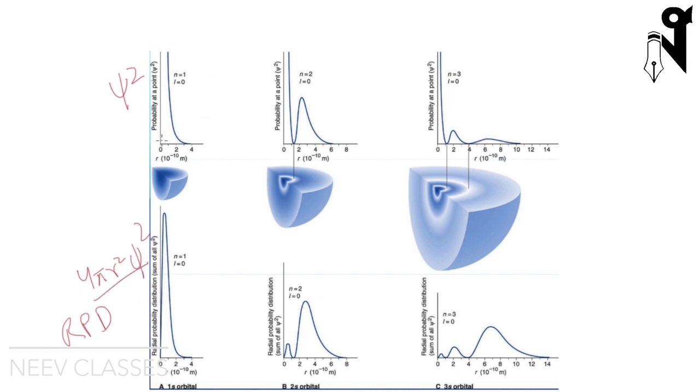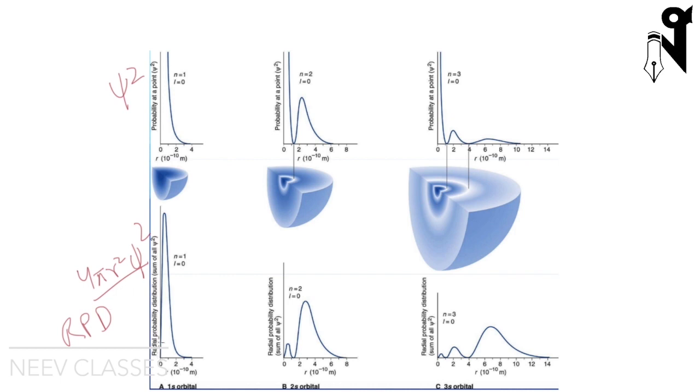Now you see that at the nucleus, the probability density is very high, but the volume of the nucleus itself is so low that when you multiply with the volume, which will be 4 pi r square into dr, and 4 pi r square of the nucleus means the radius of the nucleus, which is very low, that is almost equal to 0. So it will be 0 at 0 radius at the center of the nucleus.